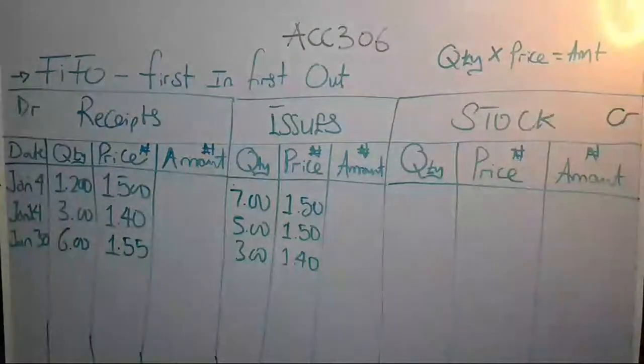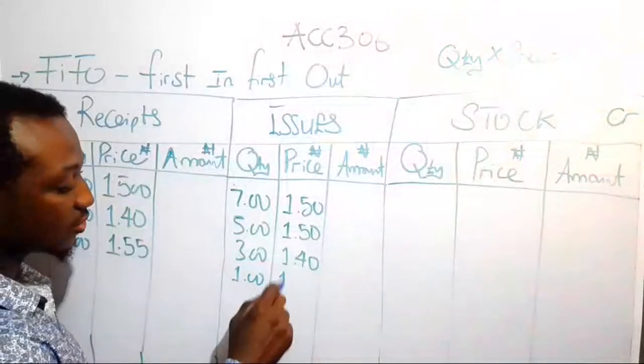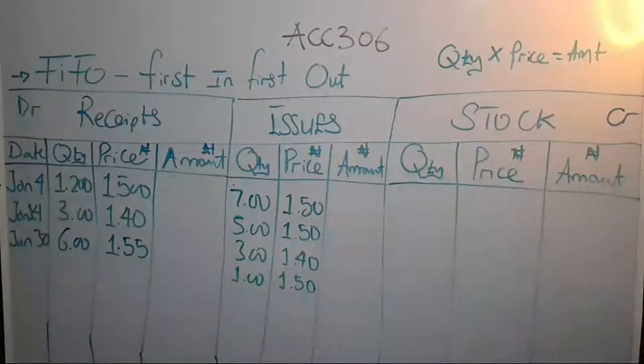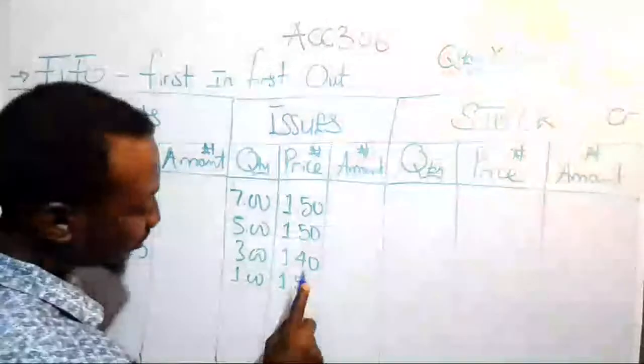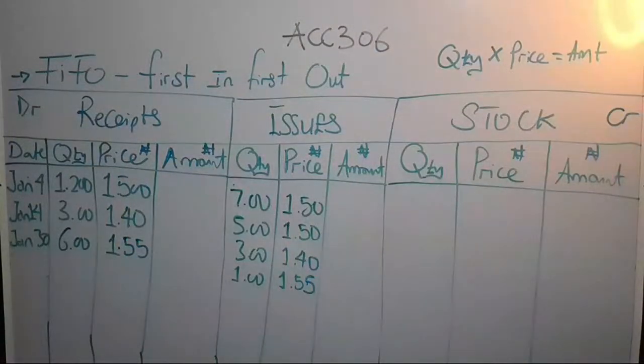And we have 1.0 at 1.50. Okay, at 1.55. Okay, so we have that.